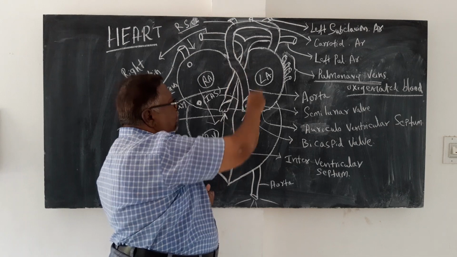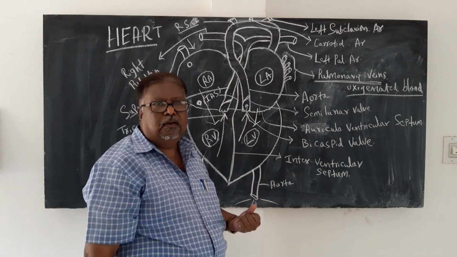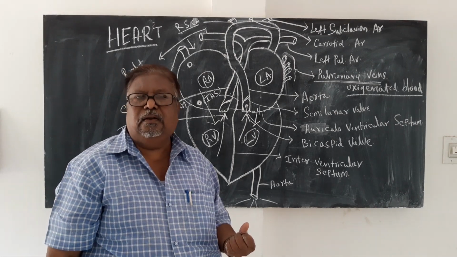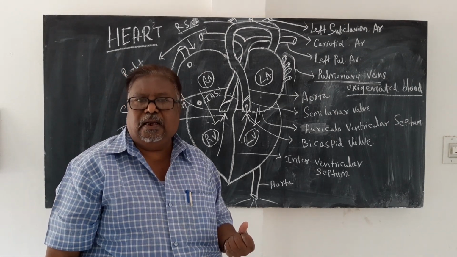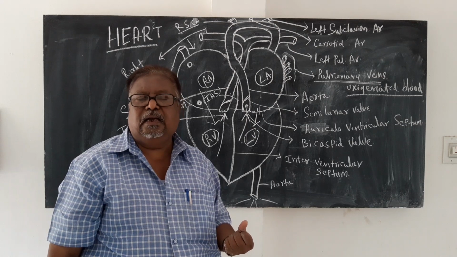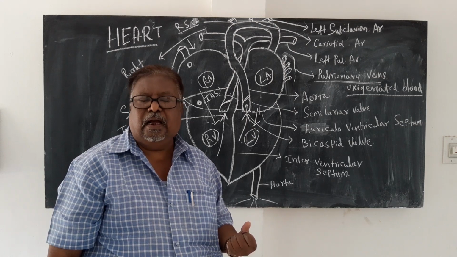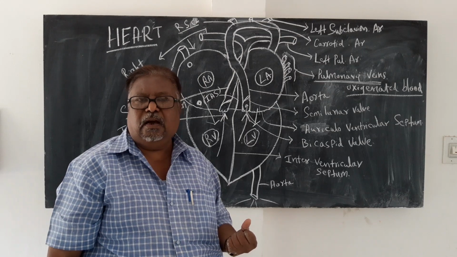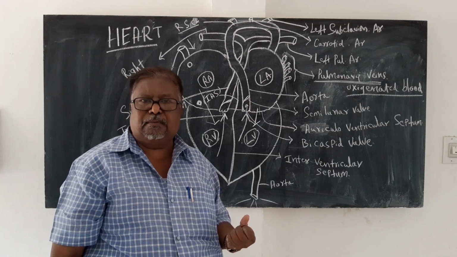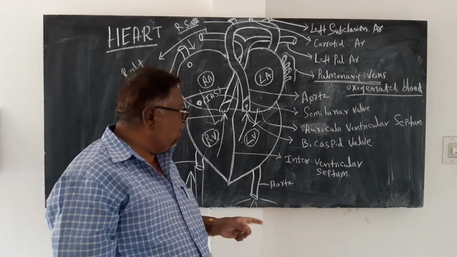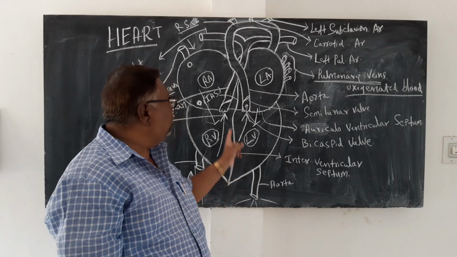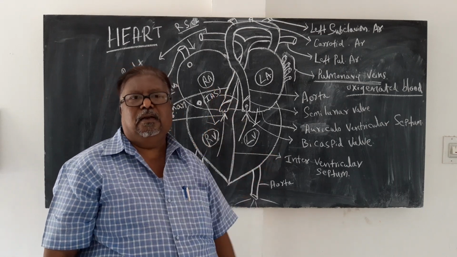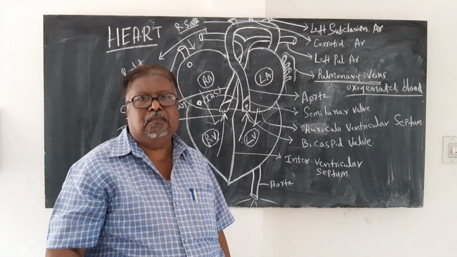This blood supplies different parts of the body, releasing oxygen to the cells, and it collects carbon dioxide and nitrogenous waste from the cells, becoming deoxygenated, impure or venous blood. This blood is brought by the superior and inferior vena cava to the right auricle, to the heart for pumping again. So this is the circulation method.